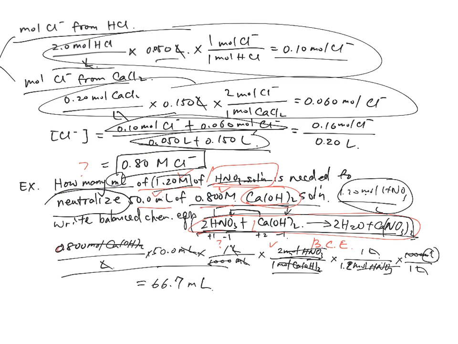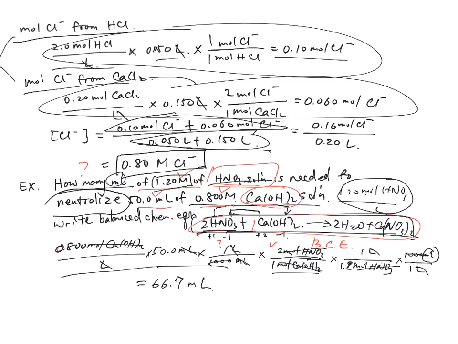And when you think about that, is it going to be that much of a difference for any solution chemical double displacement reaction calculations? It's not. I don't care if you have an acid-base neutralization reaction.